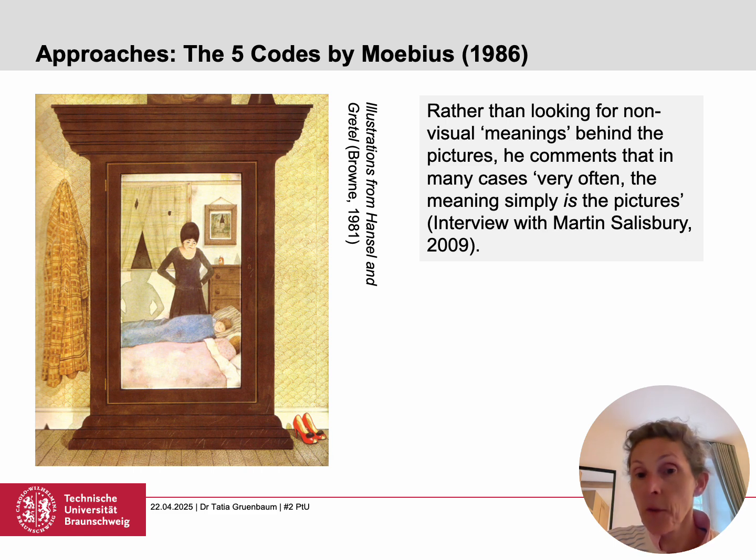Rather than looking for non-visual meanings behind the pictures, he comments that in many cases, very often the meaning simply is the pictures. And I thought that was a really reassuring quote, because it's what I said right at the start.